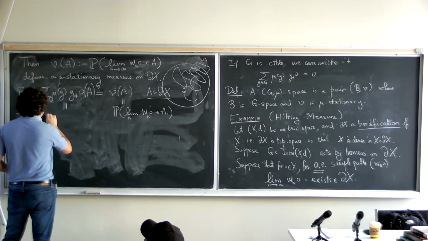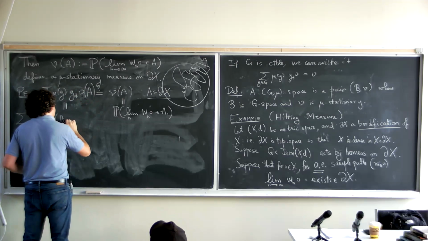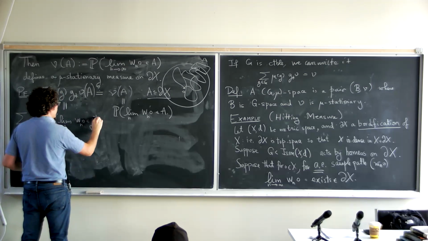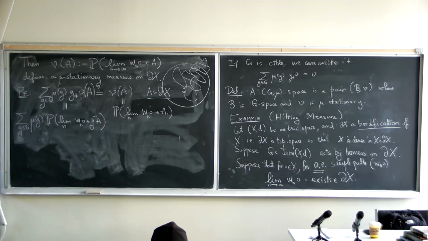So this is the probability that the limit of W_n O belongs to g inverse of A. Okay, let's think about it. What are we doing here? Why is this the same?